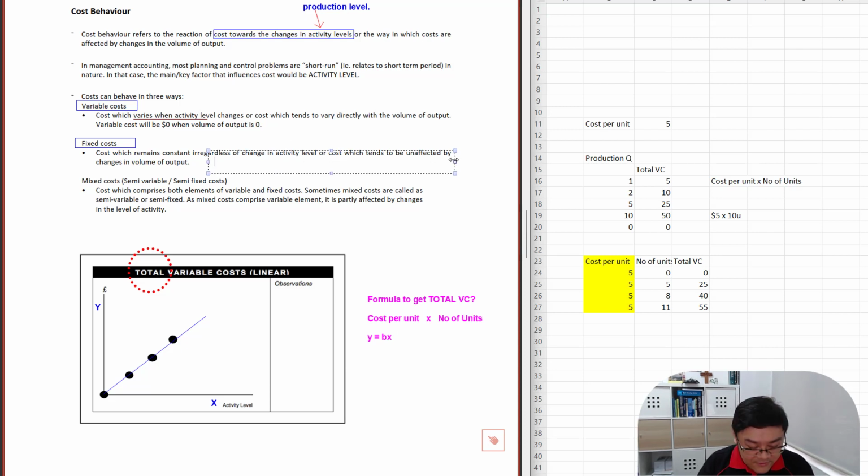Fixed cost refers to cost that does not change even when the activity level changes. If you read the definition I gave in the notes, these are costs that remain constant. Constant means it's not changing regardless of the change in the activity level. That means whether you make more or make less, the cost is the same.